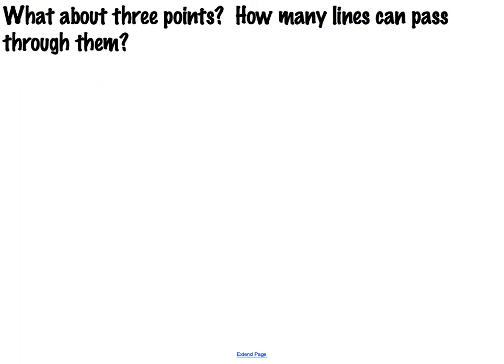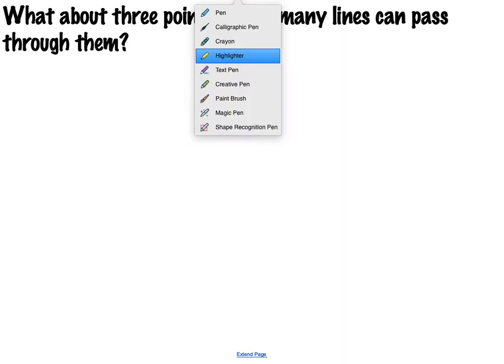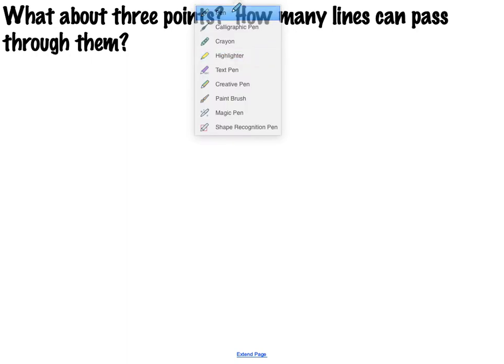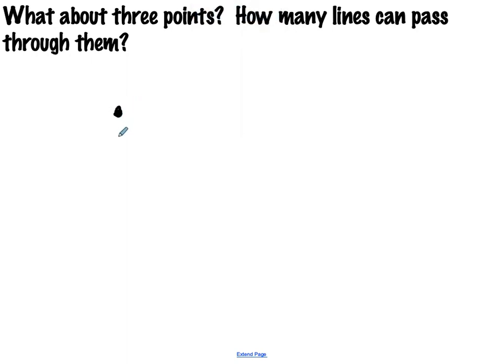Let's continue. What about 3 points? How many lines can pass through them? Let's do an example here. I always go back to point A, point B, and point C. How many lines can go through them?